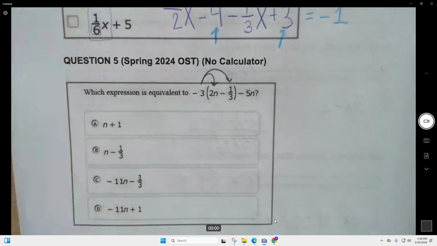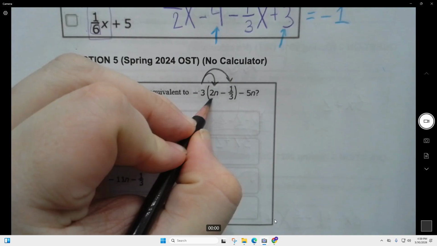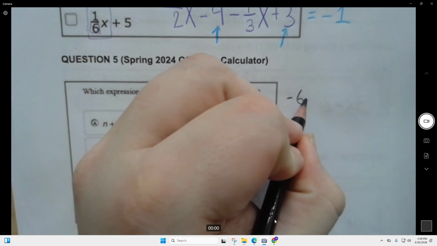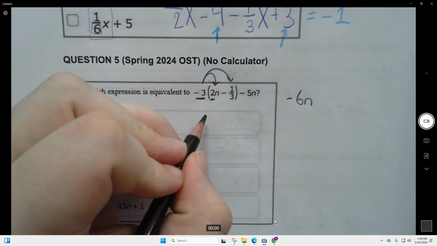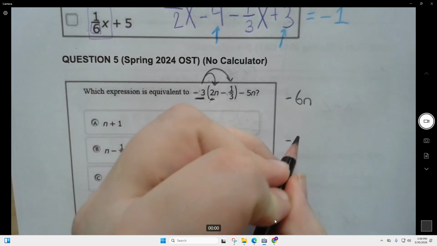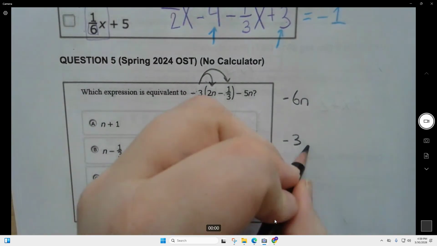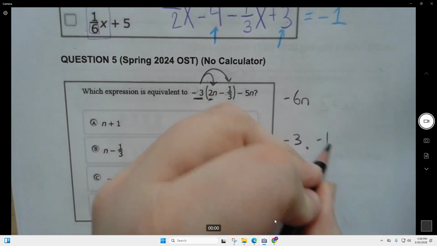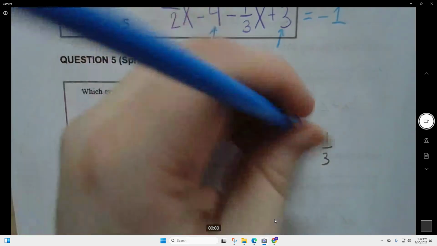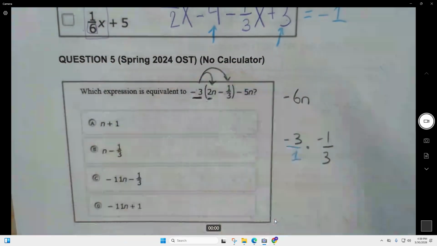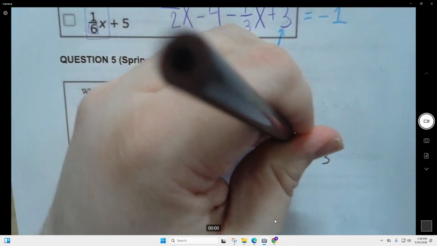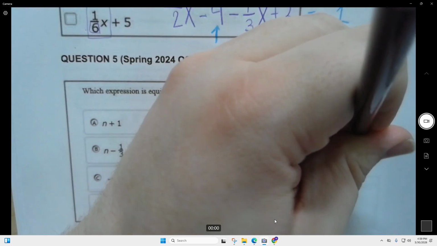So we do -3 times 2n. -3 times 2 would make -6, and the n just comes along for the ride. -3 times -1/3, well, let's just do that. Again, just like we did last problem, you put the 3 over 1, multiply across. -3 times -1 makes +3.